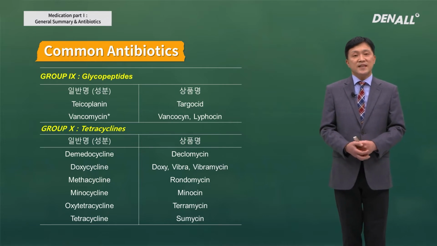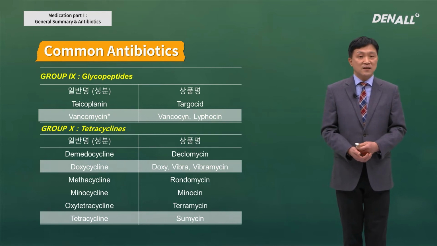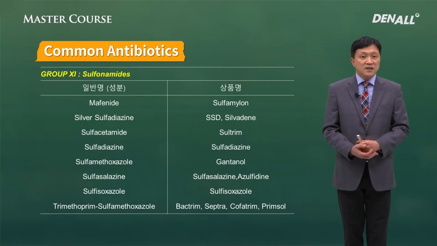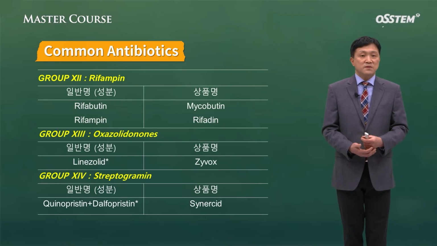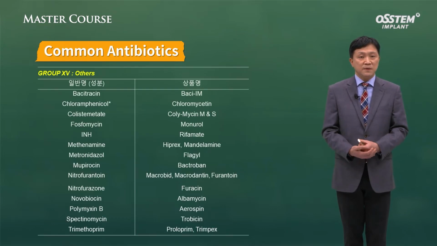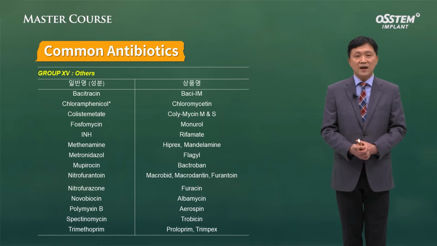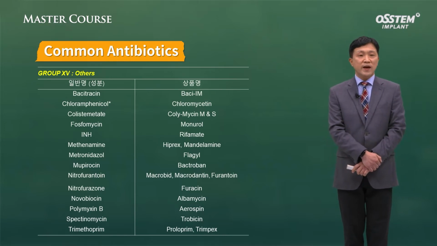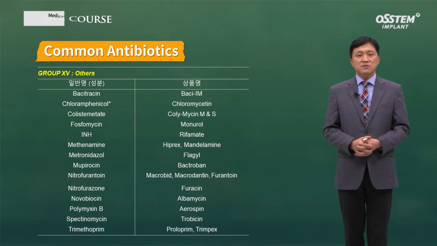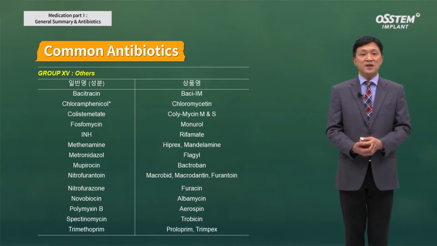Vancomycin, we haven't used it, but it is well known, and it is in Group 9, glycopeptides. Group 11, sulfonamide. Group 12, 13, and 14. There are many, and up to 15 others. The catch-all category. So there are so many types of antibiotics, but clinically, we use these common antibiotics for prescriptions.